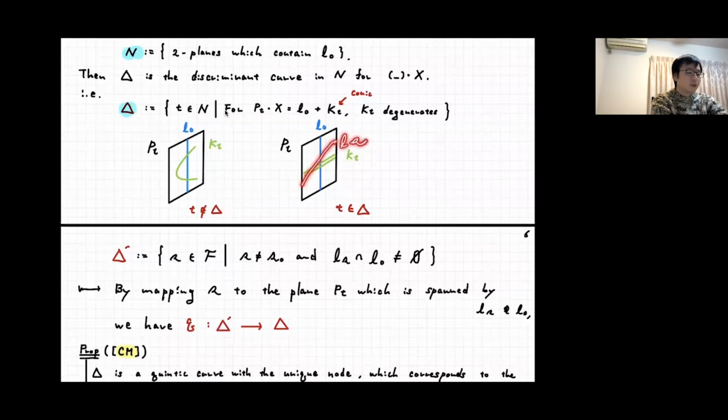So by mapping such an S to the plane PT, which is spanned by both L naught and LS, we obtain a certain element T, which should be in the delta. Okay, so we have defined the delta prime, and finally we have a map Q from the delta prime to delta in this process.